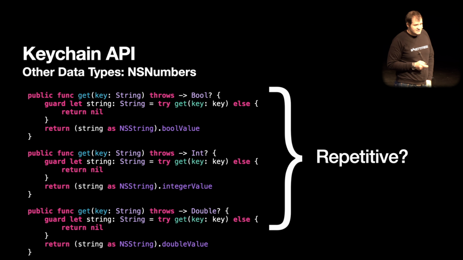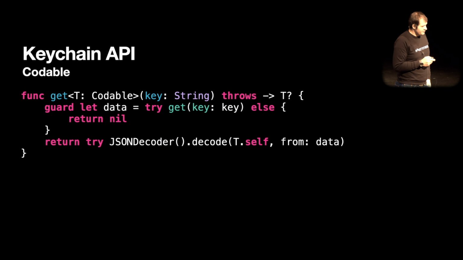Of course there is. Another approach is Codable. We just write one method instead, which is specialized over type T, and then we pass that type to the decode function instead of using a specific type.